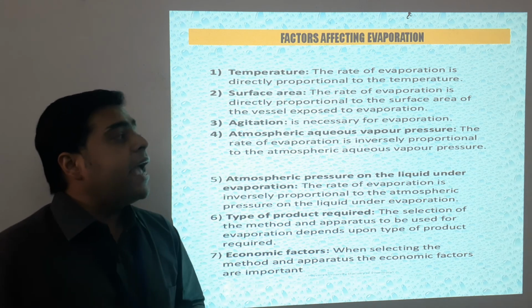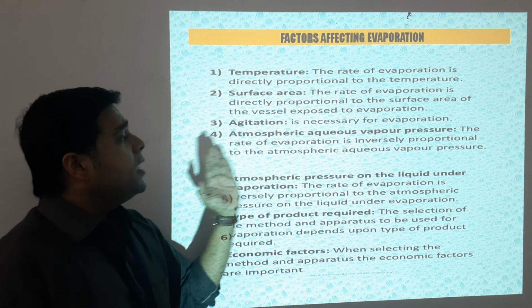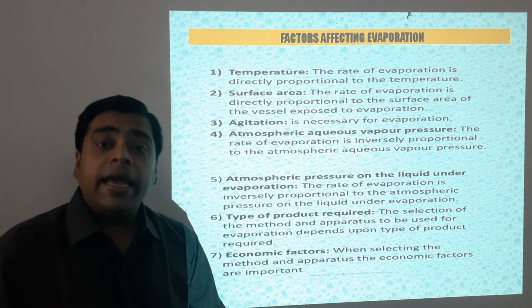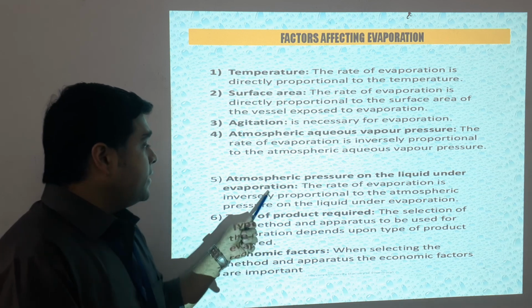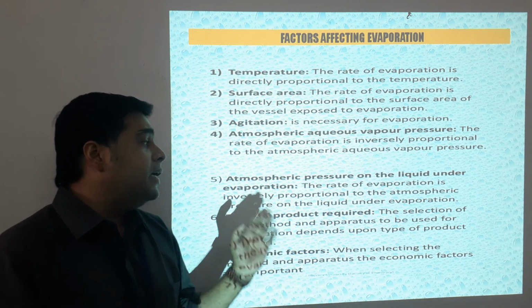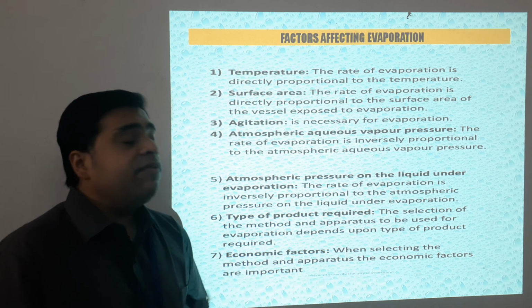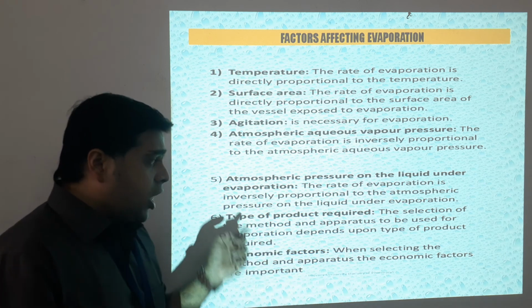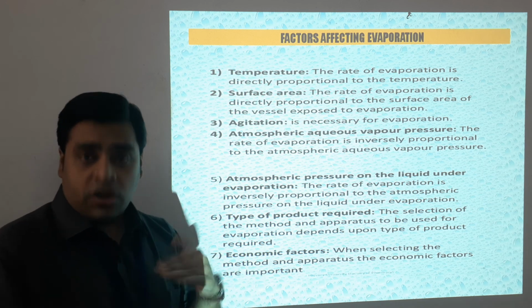Next, atmospheric aqueous vapor pressure. The rate of evaporation is inversely proportional to the atmospheric aqueous vapor pressure. Next, atmospheric pressure on the liquid under evaporation. The rate of evaporation is inversely proportional to the atmospheric pressure on the liquid under evaporation, as I already mentioned.